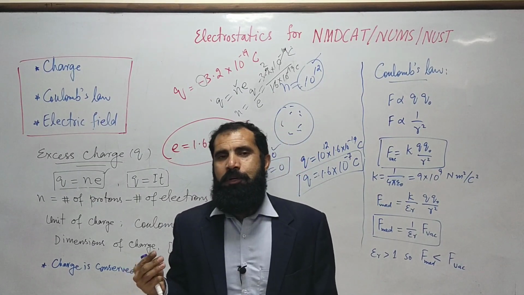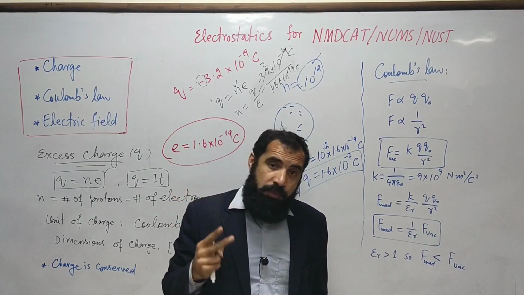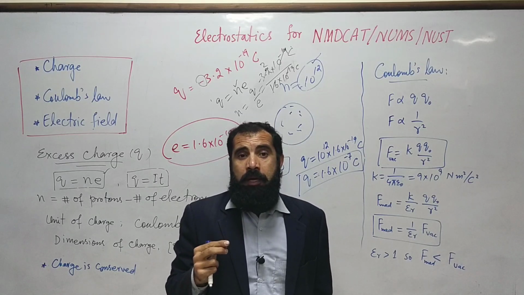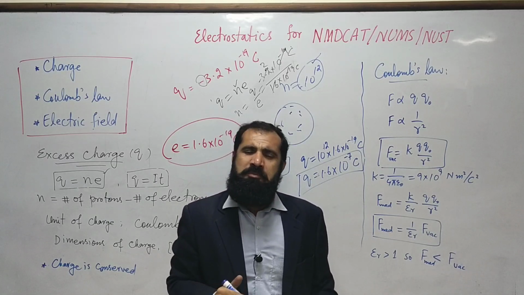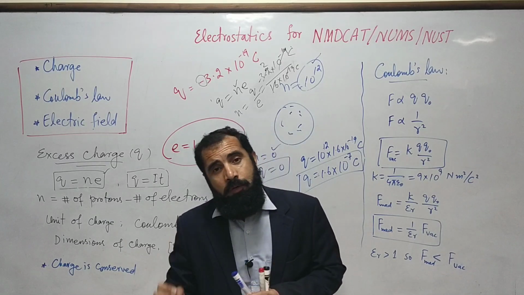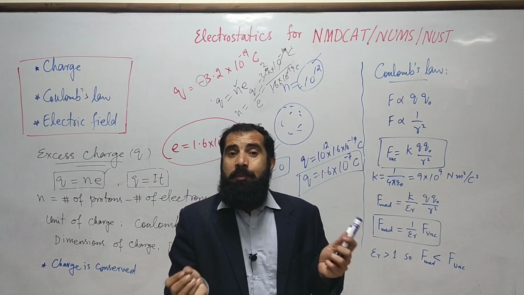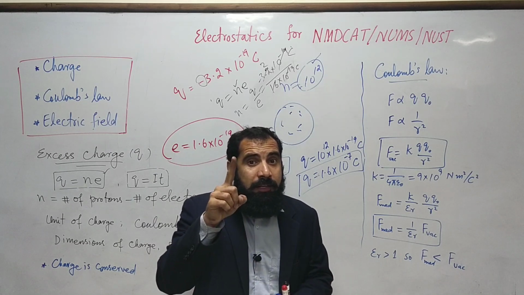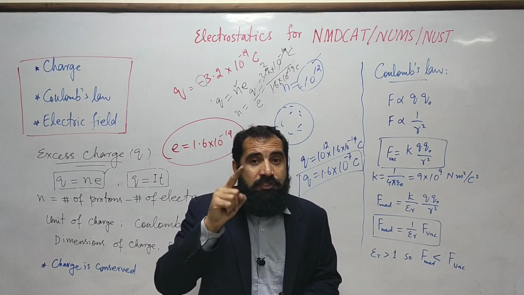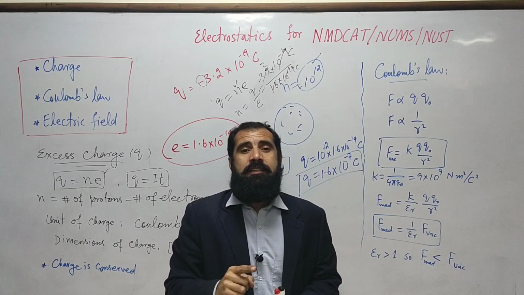There are things upon which this force depends: the magnitude of charges, and it depends upon the product of charge. It makes no difference if one is 1 Coulomb charge and the other is 1000 Coulomb charge. They exert same amount of force on each other.